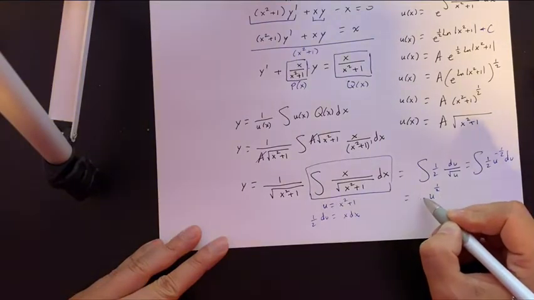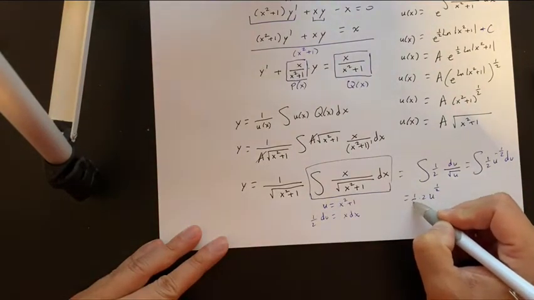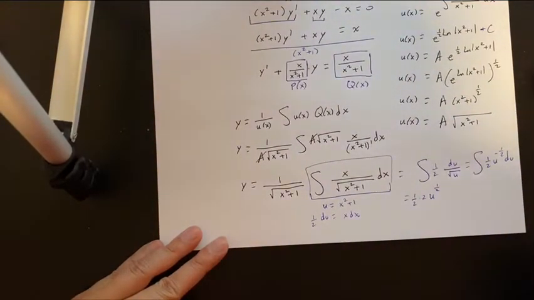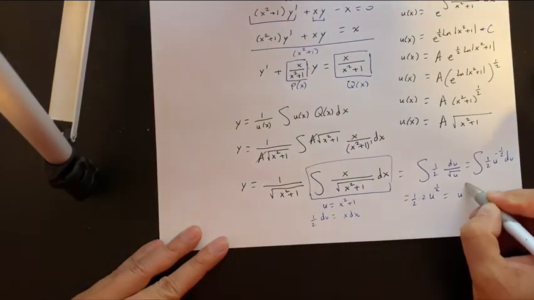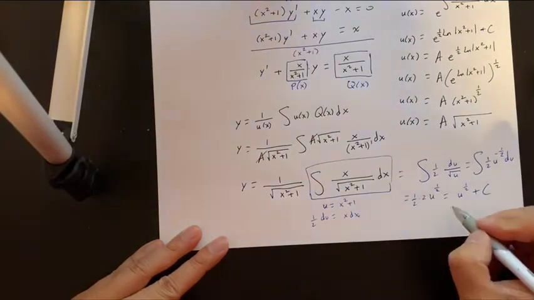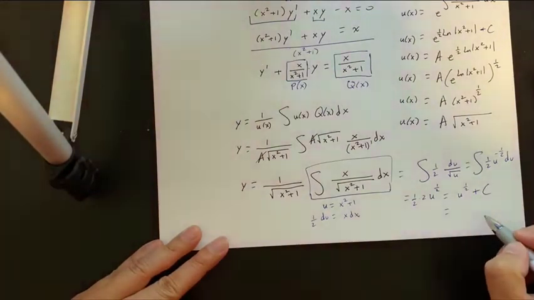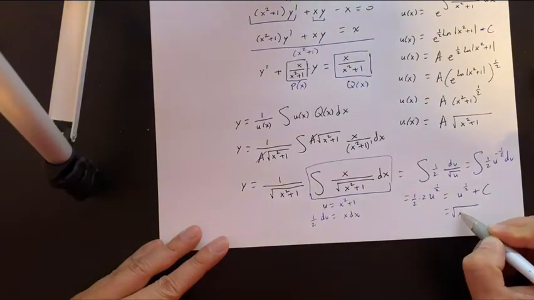Well, that's the same thing as multiplying by 2, but I already have a 1/2 in front, so that's going to cancel. So this is really just u to the 1/2, and there's a plus c, of course. But what is u? u is x squared plus 1.